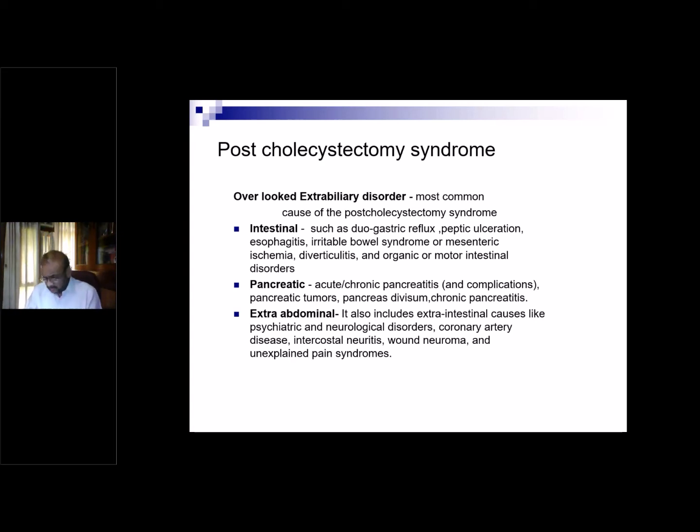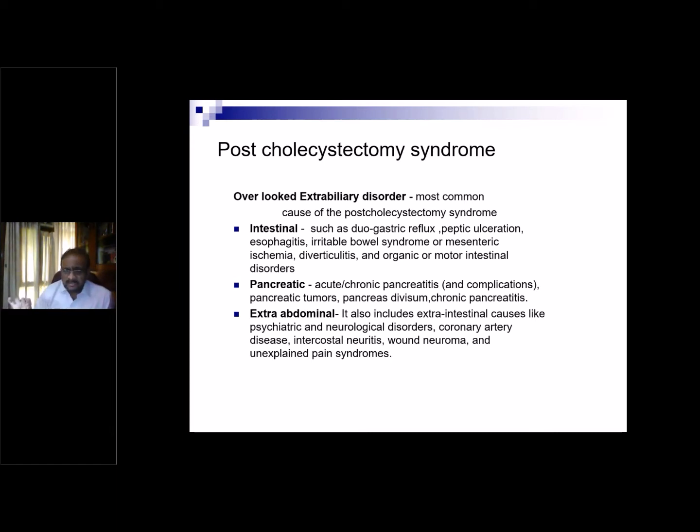This means that when you carry out a laparoscopic or open cholecystectomy in a particular patient, where you thought the symptoms were because of gallbladder stone, those symptoms were not because of that. Some extrabiliary cause was causing those symptoms, which were misinterpreted by you or somebody else to be because of the gallbladder stones, and you did a cholecystectomy in that patient, missing out that this was probably because of some other cause.